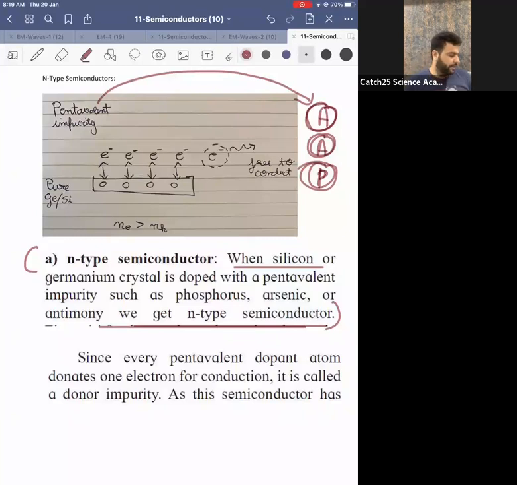Leaving behind one free electron to conduct. Full stop.